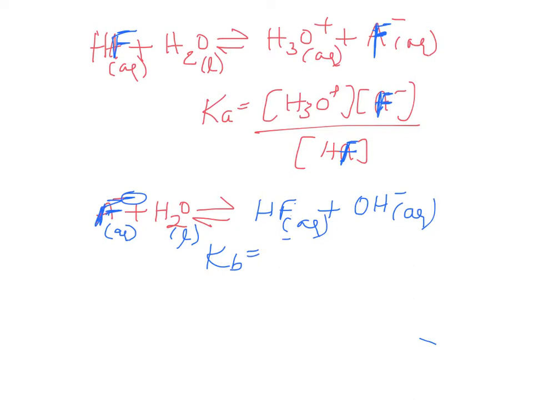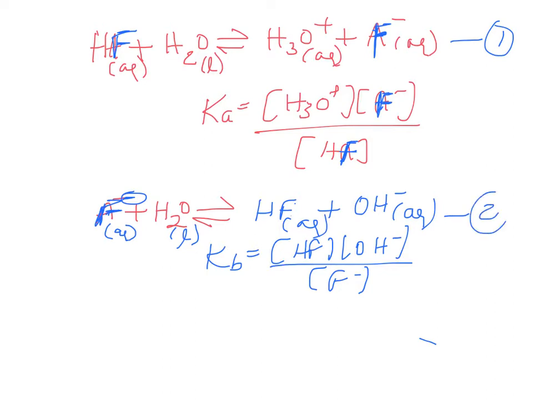And that is going to be HF times OH negative divided by F negative. And so if you add the two equations, equation number 1 and equation number 2, you would be able to say that the HF on the left hand side and the HF on the right hand side are going to cancel each other off.